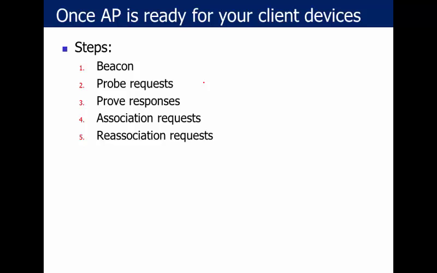Okay, so once the access point is ready for your client devices, then we can see the beacon, probe request, probe response, association request, reassociation request. All such things can be verified. Let's say you have an access point running on Windows and your smartphone accessing it.